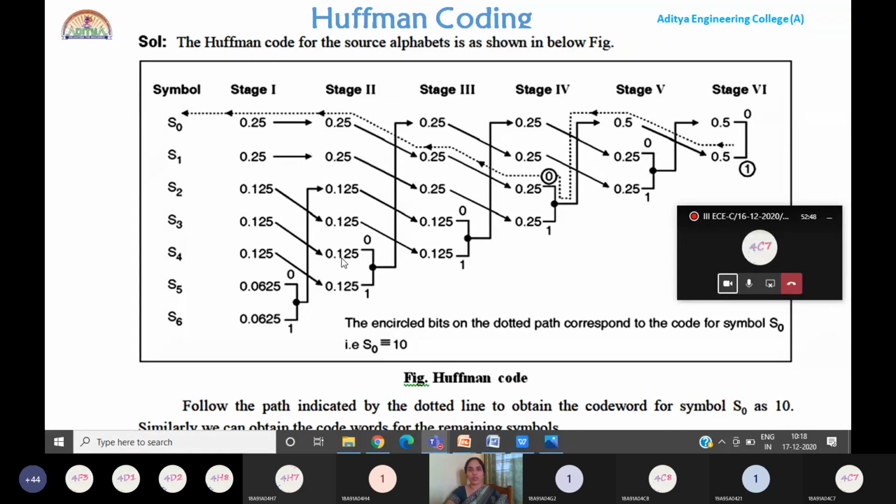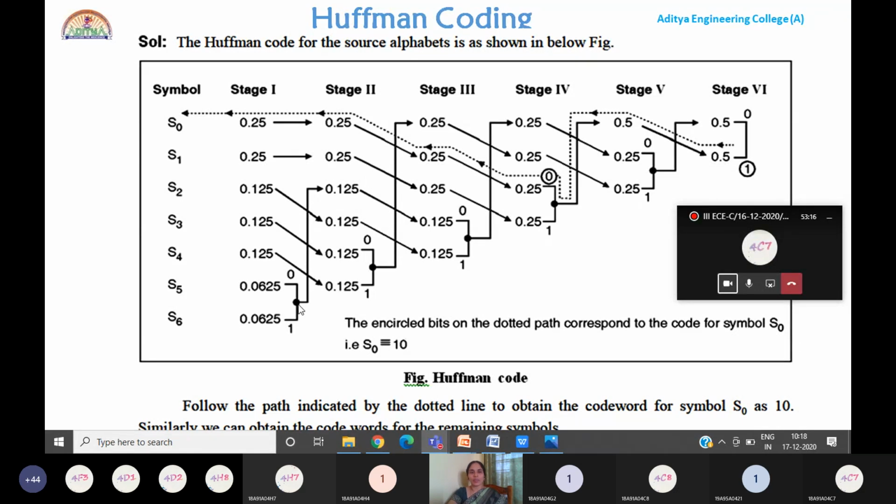But remember one point: if the combined value, here 0.125, is equal to a value already in the order, then you have to relocate the combined value to the highest position.